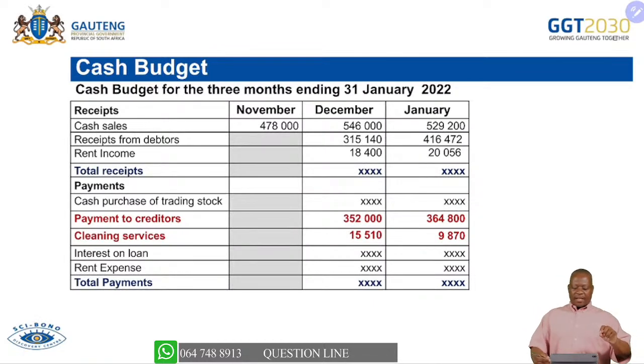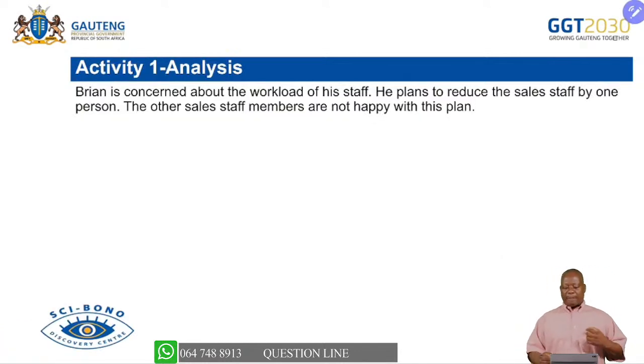Now, you can see now when these amounts are now taken into, remember now, this was our missing A, which is rent income for the month of December. This was our missing B, and this was our missing C. So we are done in calculating the amounts that are missing in A, B, and C.